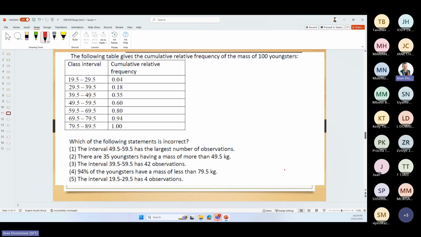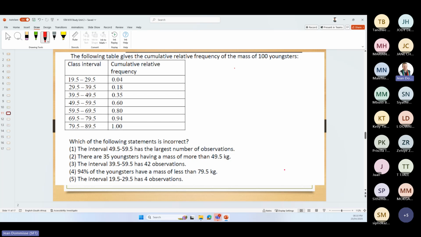Okay, so let's go into another question that is on frequency tables. Here they give us a class interval. It is the mass of 100 youngsters, so we know it's looking at kilograms of students, and then we get a cumulative relative frequency of each.